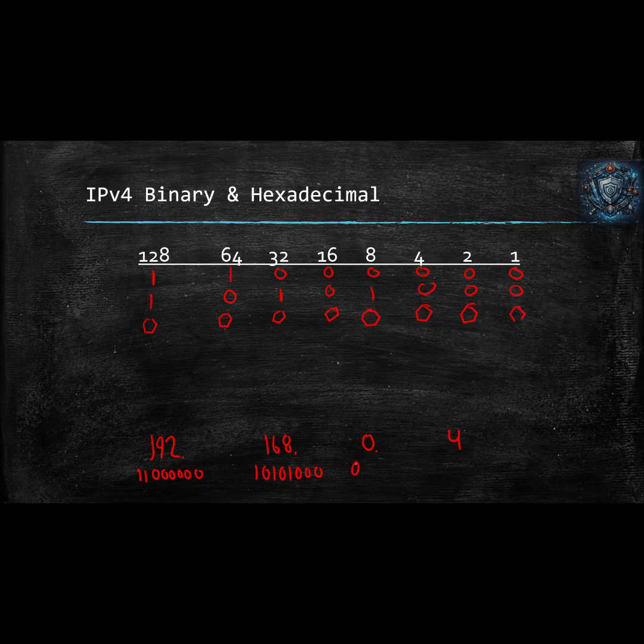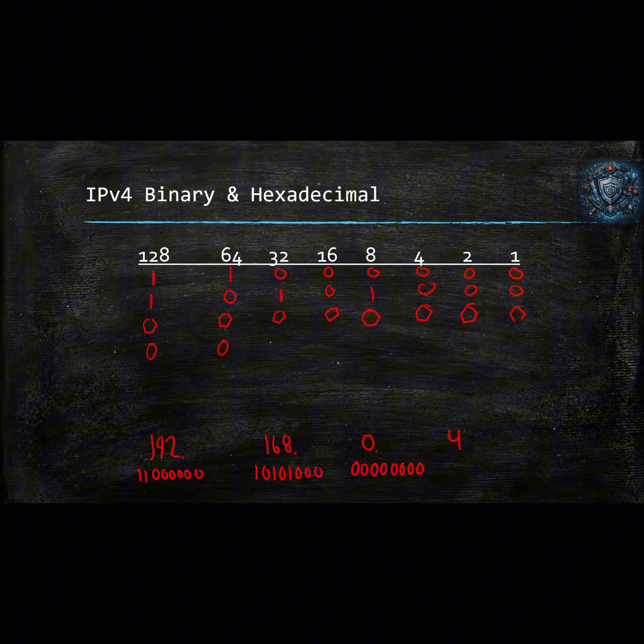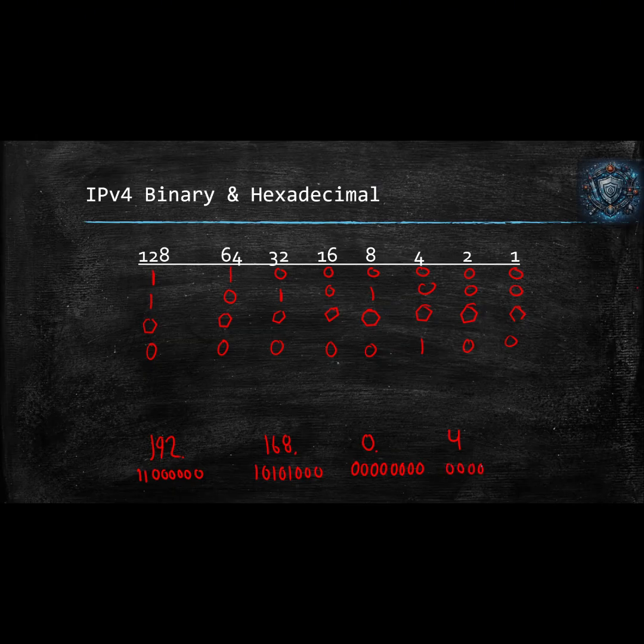So our 0 is going to be all zeros. And then our 4, we only have one thing we take from 4, and that's 4, right? So we're going to do 0, 0, 0, 0, 0, 1, 0, 0. So we have 5 zeros, a 1, and then 2 more zeros. So now that is our binary value for the IP address that we have.